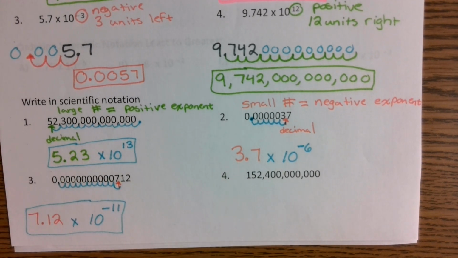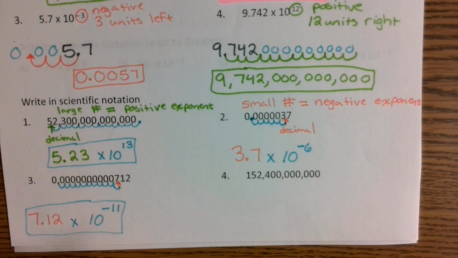What about for problem number 4? Ray, what did you get for problem number 4? I got 15.24 times 10 to the power of 10. Okay, so 15.24 times 10 to the power of 10.